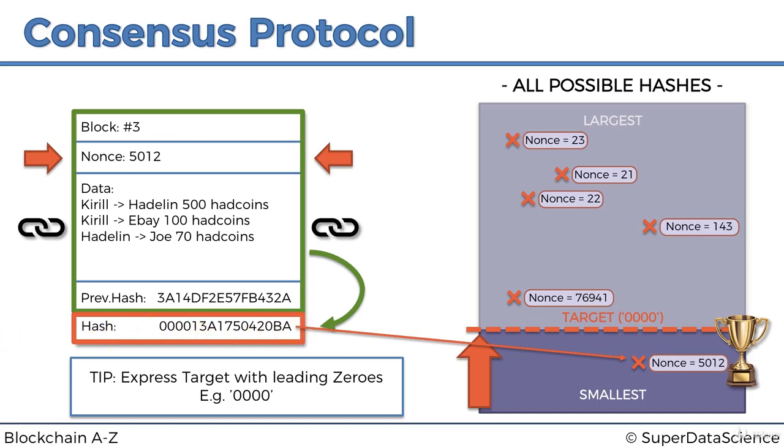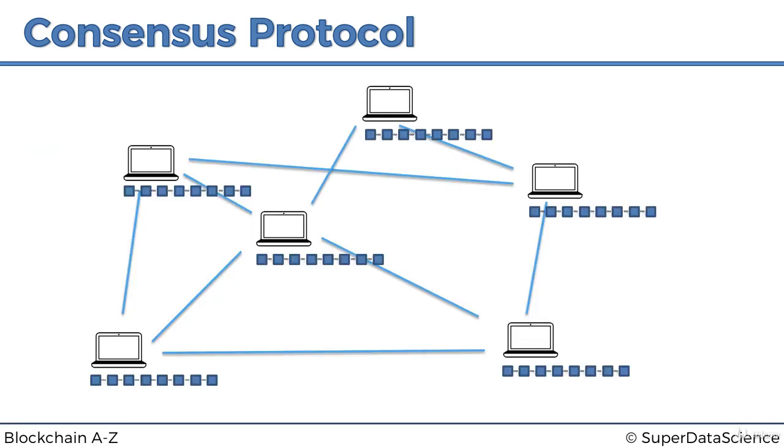So that's the kind of paradox or irony in the cryptographic puzzles, that you're putting in all this work to find this nonce, and then for somebody to verify it, they don't have to do any of that work at all. They put it into the hash algorithm, and a second later they got the hash, which you were looking for over billions of iterations, and they just take one iteration to verify it.